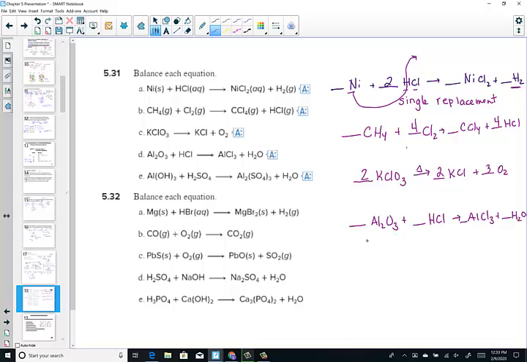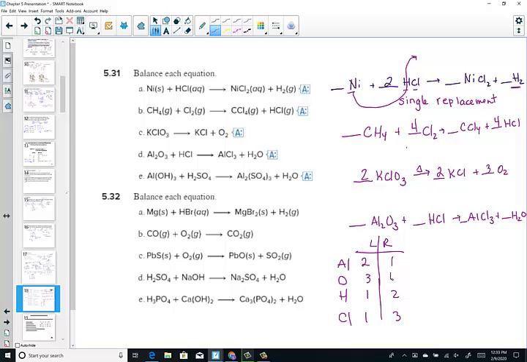Let's see, 4 guys to keep track of. 2 aluminums, 3 oxygens, 1 hydrogen, 1 chlorine, tallied on the left. On the right side, 1 aluminum, 3 chlorines, 2 hydrogens, and 1 oxygen. All kinds of stuff to repair.